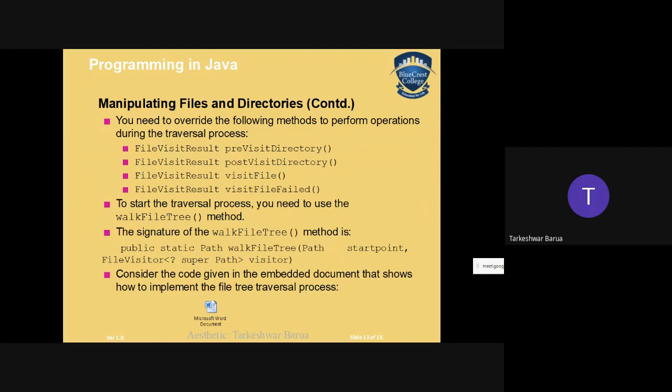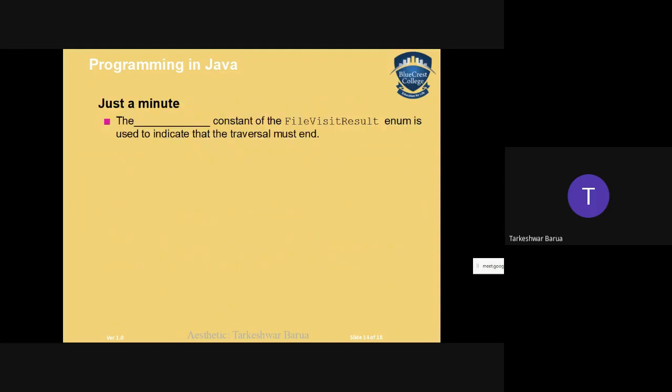This project you have to design and write the code for. Please have a look at this. Which FileVisitResult enum constant is used to indicate that the traversal must end? Of course, TERMINATE. After that, the program must terminate.